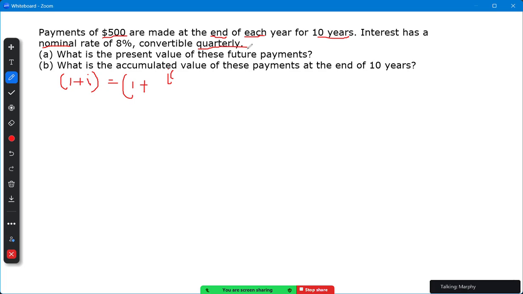So since it's quarterly, in a year we have 4 quarters, divided by 4 and raised to the power of 4. So the first thing to do is to convert the nominal interest rate to the annual effective interest rate. And having done that, then we can use that as the interest we are actually interested in.